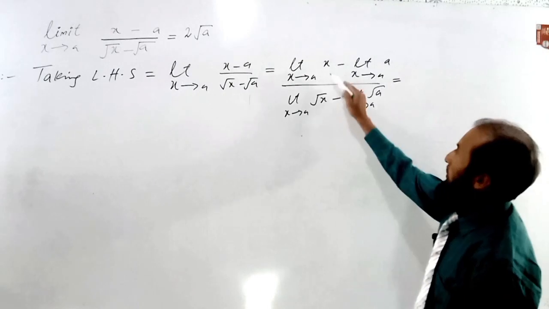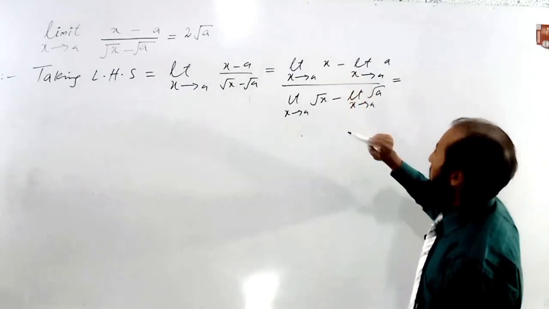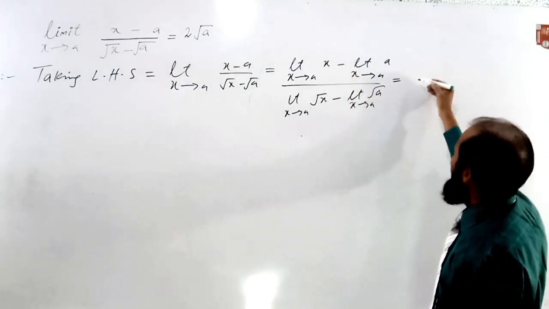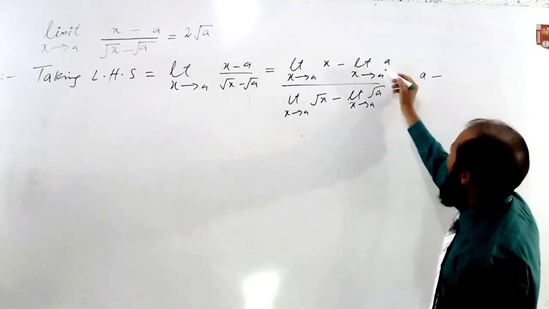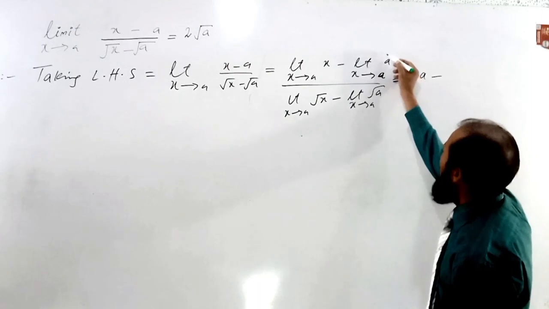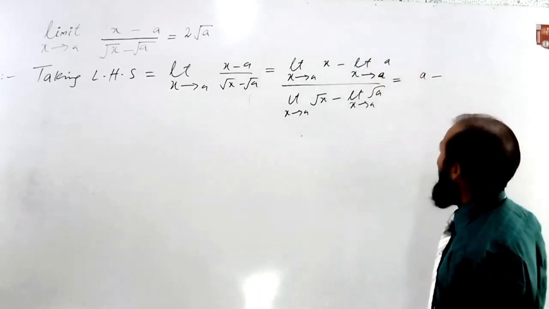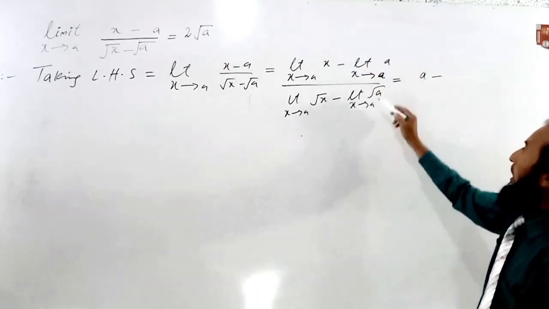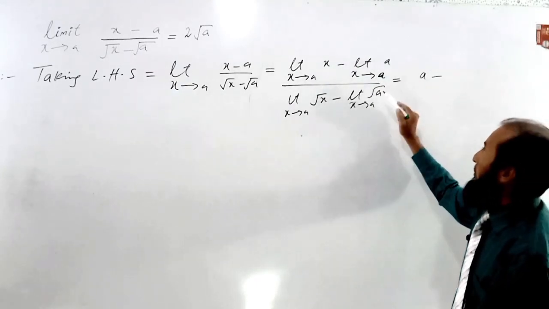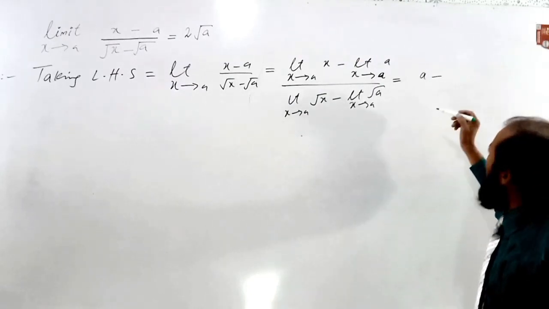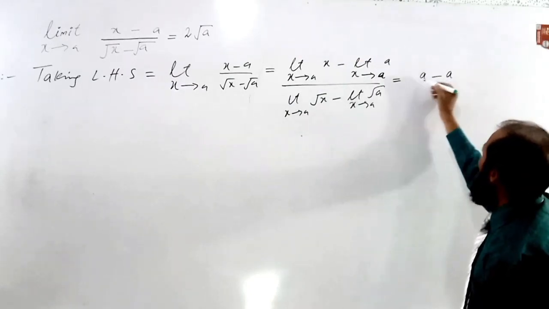Now, in place of x, we put the limit directly. We put x is equal to a, so we get the result a. Here we use the constant rule, because x is not present, so we put directly x is equal to a.